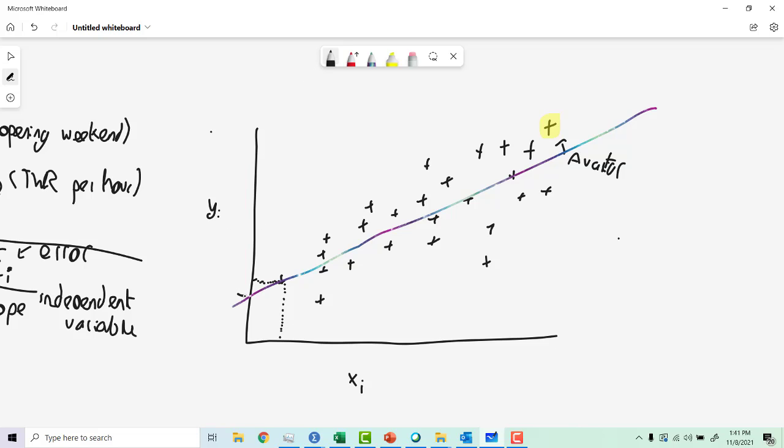Beta 0, this is where we meet the y-axis, where x equals 0. So the interpretation here would be the movie revenue for a movie with no buzz.